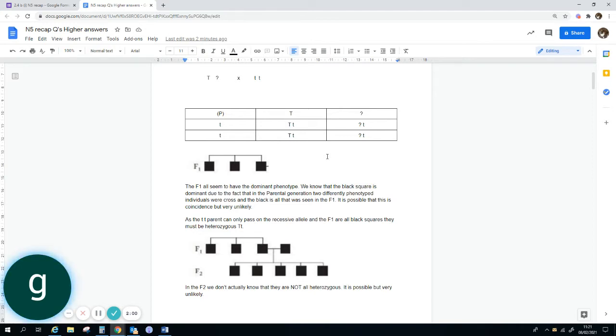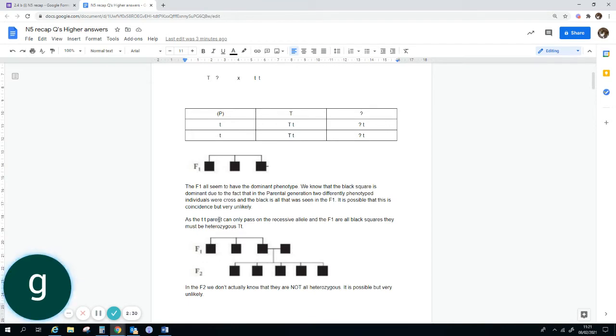If it was the other way around, the white would have been the dominant phenotype, and we would have expected some white offspring in the F1. So the fact that the parental generation has two differently phenotyped individuals that were crossed, and all we see is black, tells us that it's very unlikely that black isn't the dominant allele.